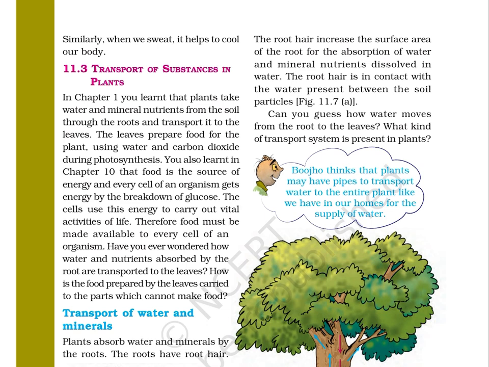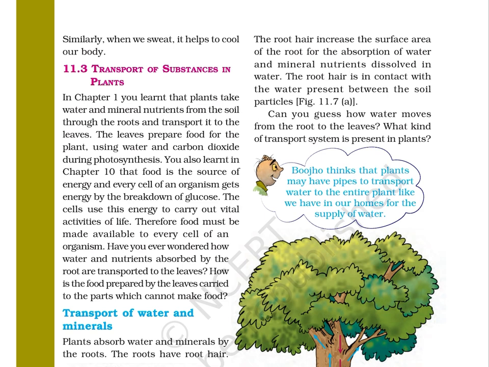11.3 Transport of substances in plants. In Chapter 1, you learned that plants take water and mineral nutrients from the soil through the roots and transport it to the leaves. The leaves prepare food for the plant using water and carbon dioxide during photosynthesis.